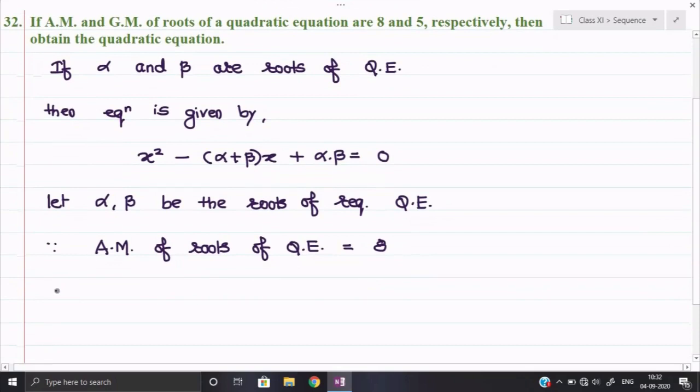And the arithmetic mean between any two numbers, we know, is a plus b upon 2. Suppose I talk about the arithmetic mean of two numbers a and b, then it will be equal to a plus b upon 2.